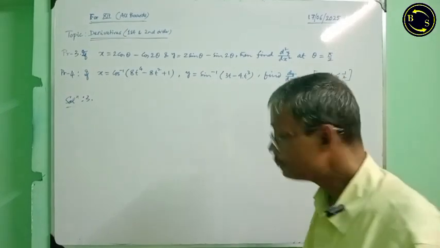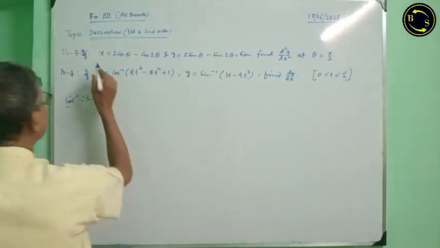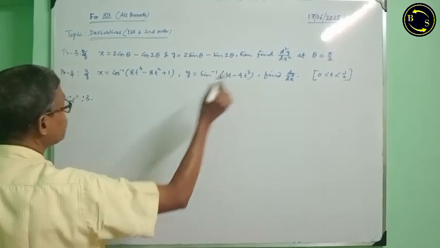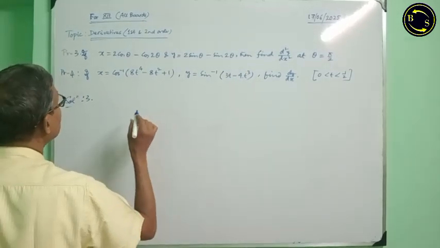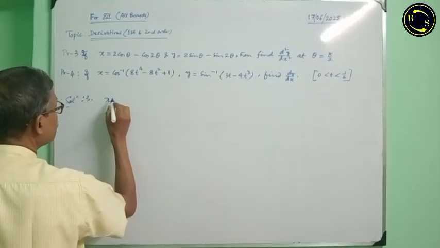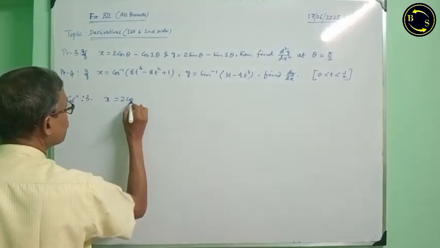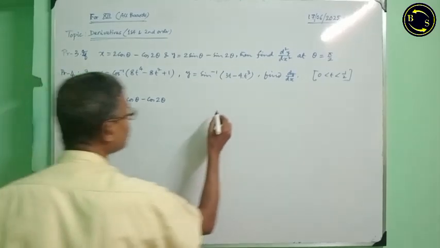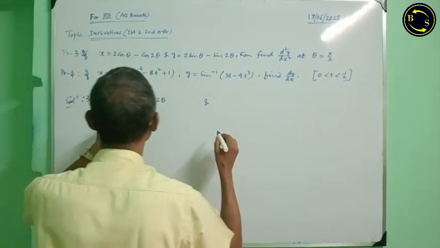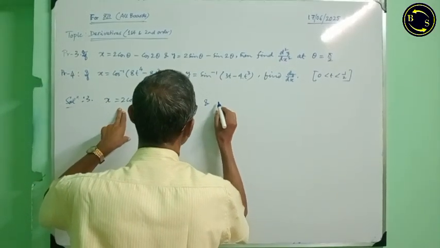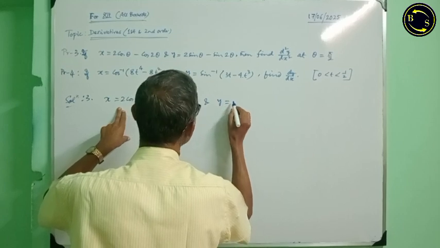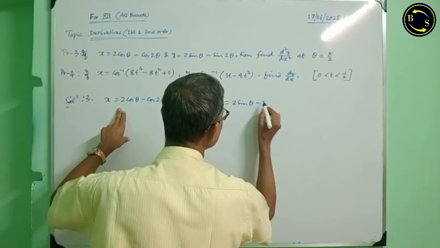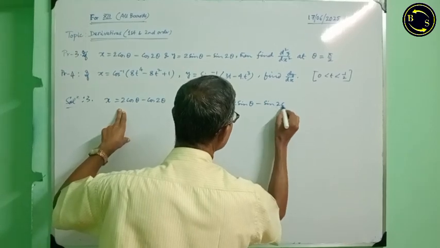Now third sum, x equal to this, y equal to this, we have to find d2y dx2 at theta equal to pi by 2. First we find dy dx, x is equal to 2 cos theta minus cos 2 theta, and I find side by side y equal to 2 sin theta minus sin 2 theta.